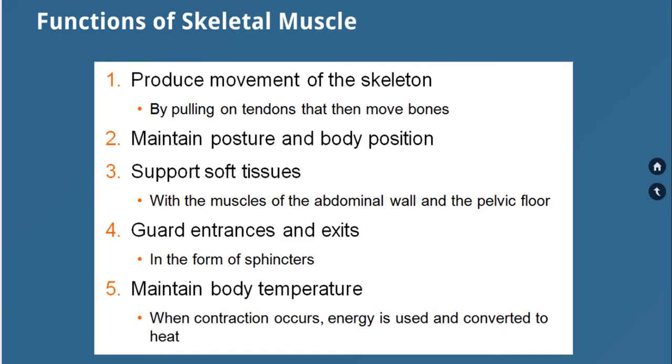Muscles work to keep joints stable. Skeletal muscles also protect internal organs, particularly abdominal and pelvic organs, by acting as an external barrier or shield to external trauma and by supporting the weight of the organs.